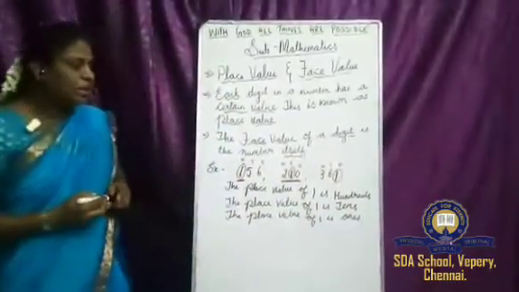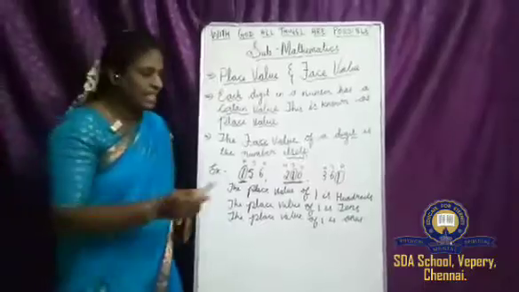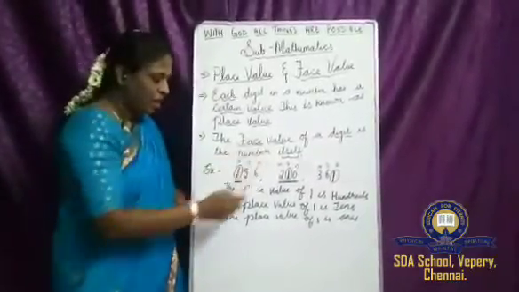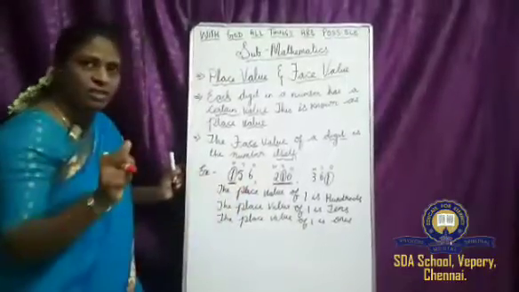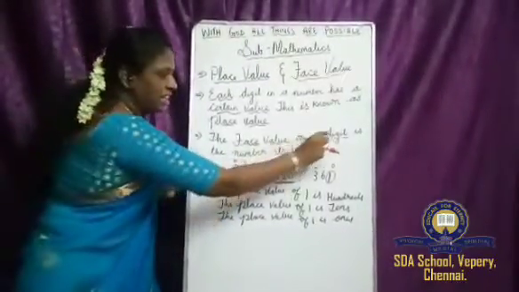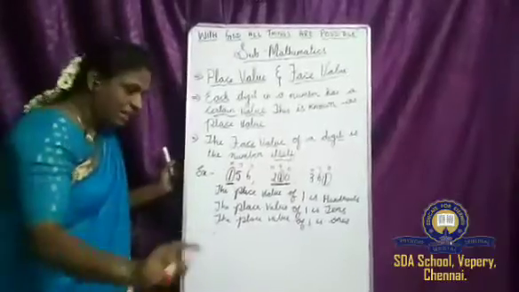Children, now let us see what do you mean by face value. The face value of 1 is what? The face value of a digit is the number itself.